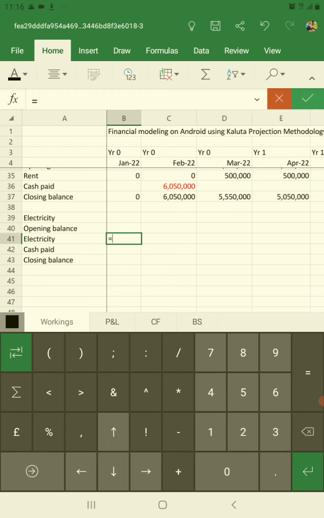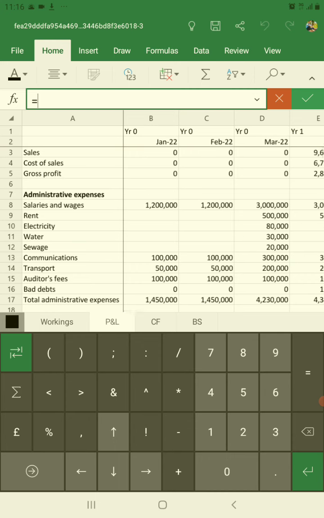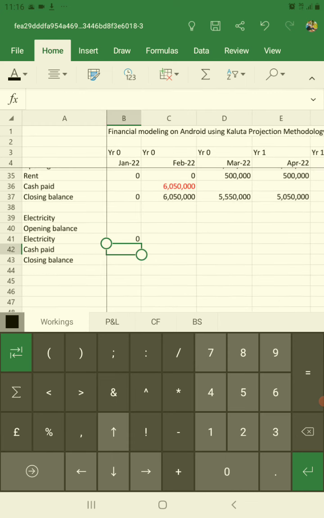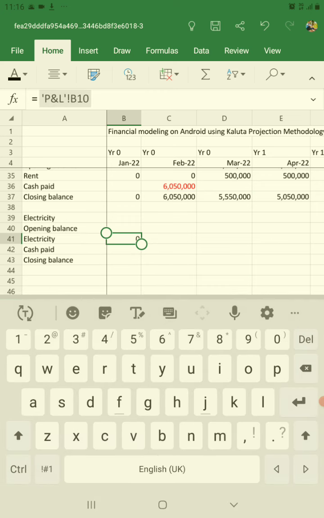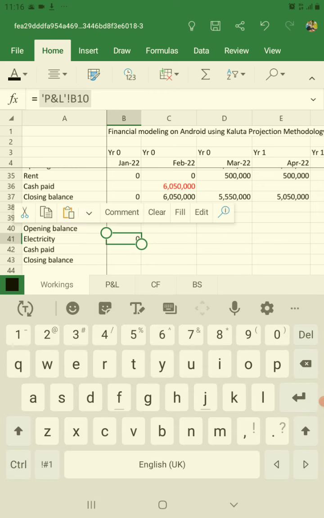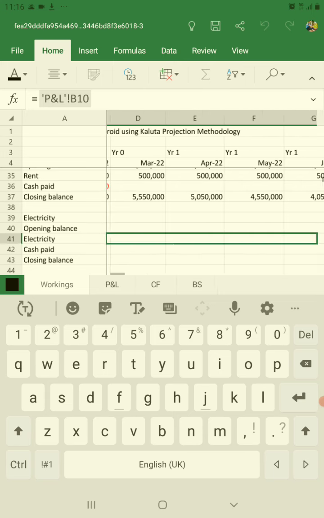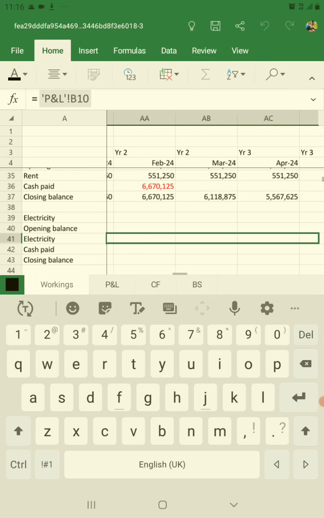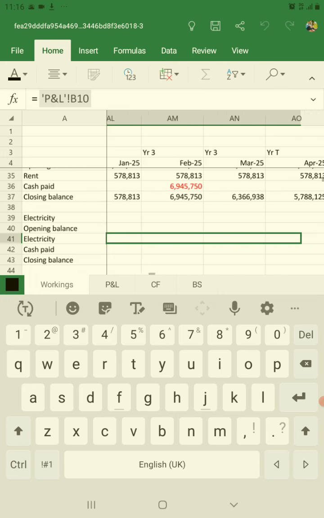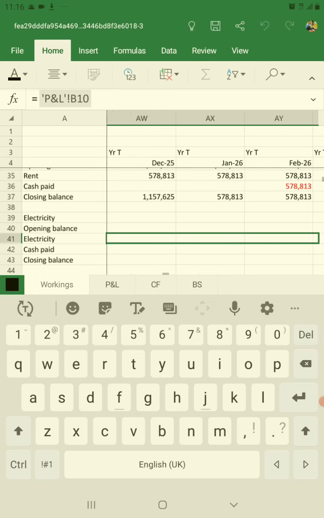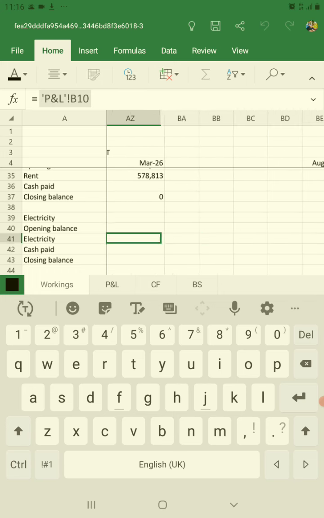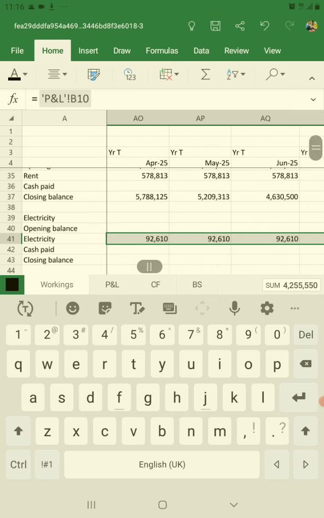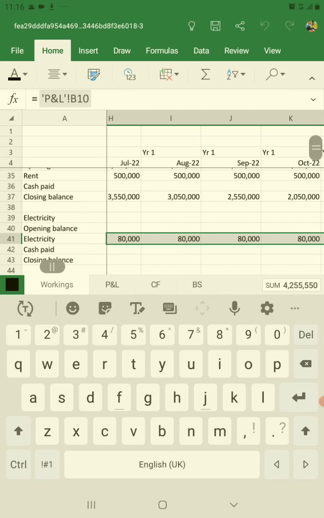So I put an equal sign, go to profit and loss account, and then pick for electricity in January, column here where we start, then enter, and then I can drag this to fill this throughout our projection period.